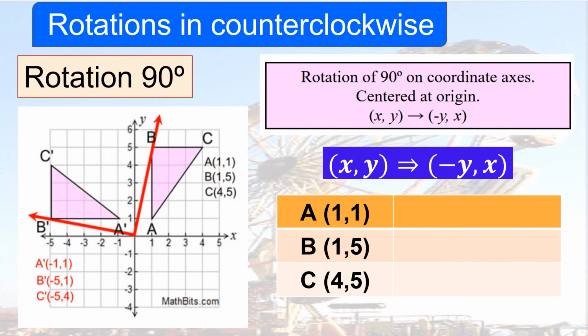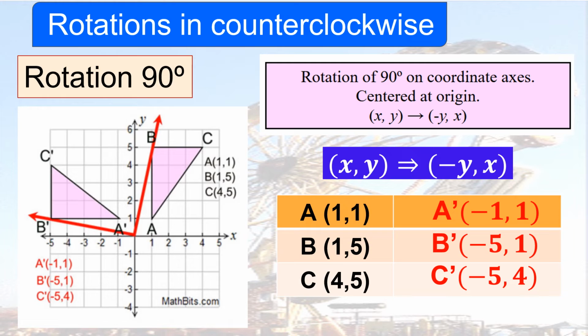If we have these coordinates, at A (1, 1), your A prime is (-1, 1). At point B, which is at (1, 5), your B prime will be (-5, 1). And at point C, at (4, 5), your C prime becomes (-5, 4).